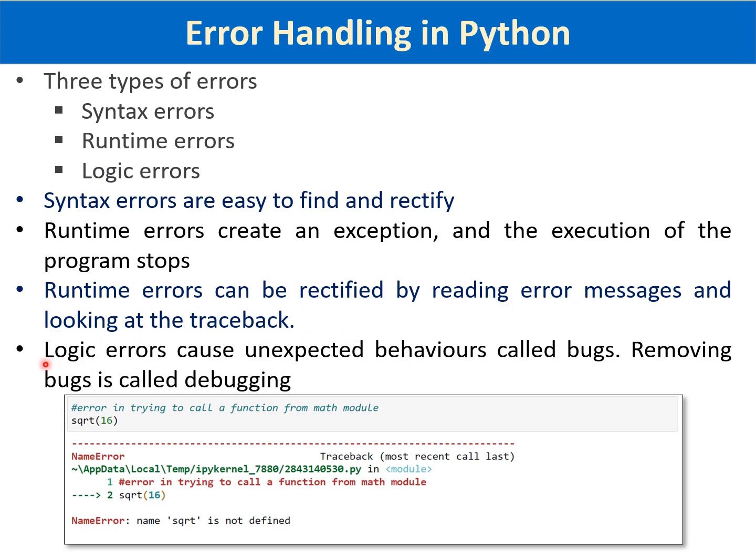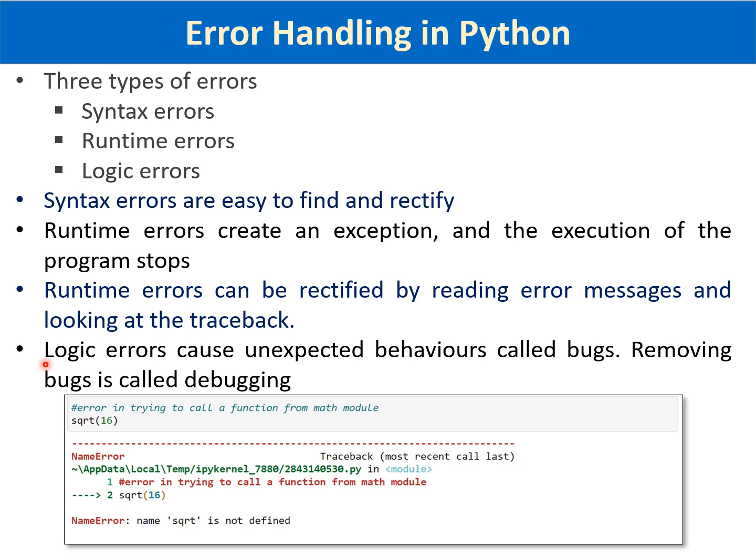Now the third type of error, the logic error, is caused by unexpected behavior. Nothing goes wrong, the program runs as if it is perfect, but the results are not as per expectation.